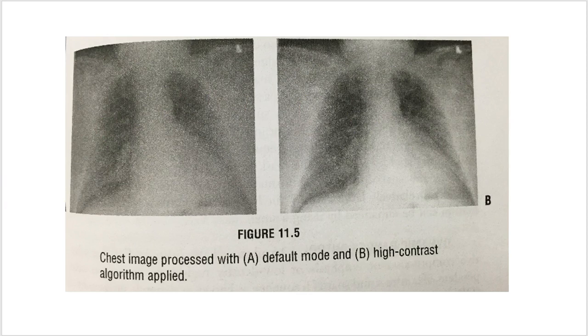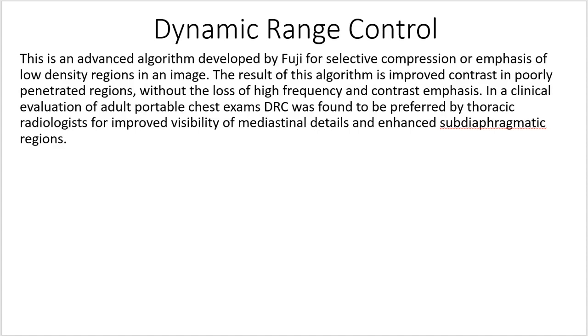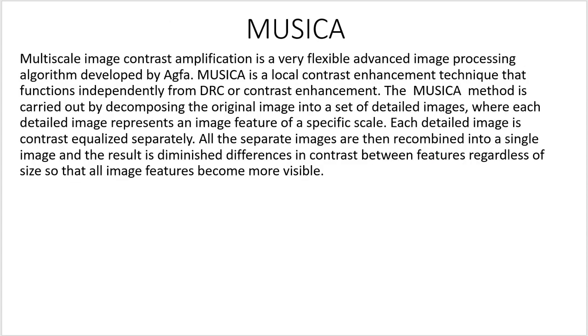And then instead of getting, right, when you just do basic contrast enhancement, it averages the whole image. When you do dynamic range control, it averages the high contrast areas. When you do Musica, everything, right? It does a local contrast enhancement technique that functions independently of those.